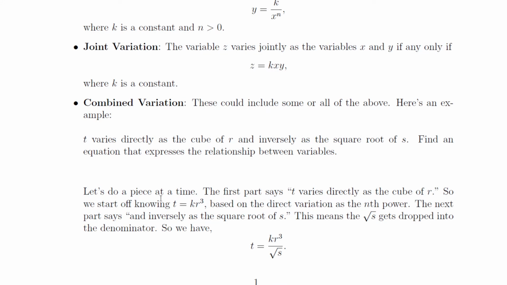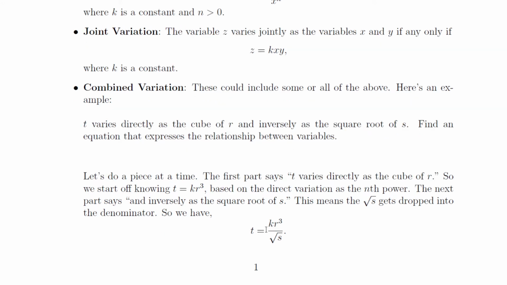So here's an example that I cooked up. T varies directly as the cube of r and inversely as the square root of s. Sounds like a lot. Okay, so the first thing we need to do, you can see the answer down here. I kind of work it out for you so you can see my thought process. The first part says t varies directly as the cube of r.